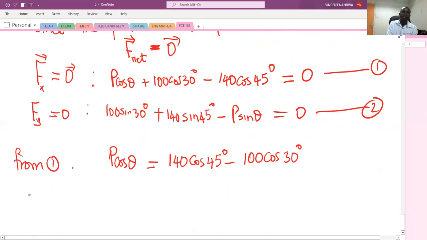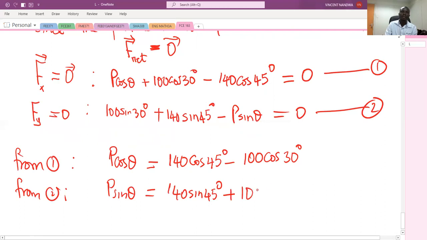And then from 2, taking this one to the right, we have P sine theta is given by 140 sine 45 degrees plus 100 sine of 30 degrees. Call this one equation 3, call this one equation 4.